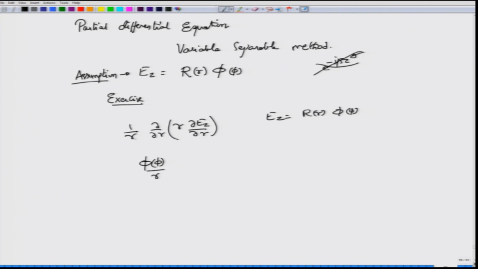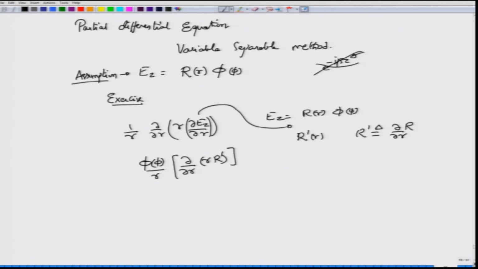So, there is a divided by r here because that is 1 by r multiplying the whole term out there. Then you have del by del r, r multiplied with. So, when you differentiate Ez with respect to r, what do you get? You will get R prime of r, where R prime is by definition del by del r of capital R. So, you have R prime, and the derivative of the product r R prime with respect to r is fairly simple.